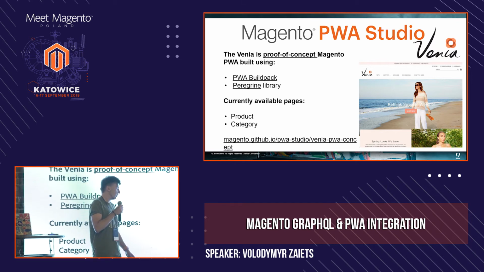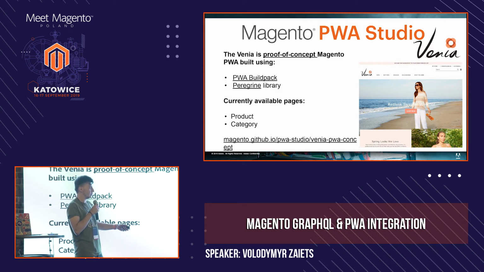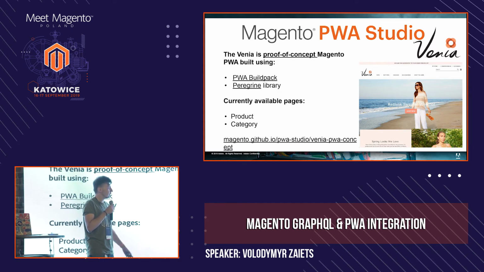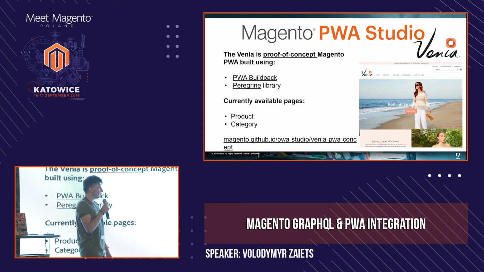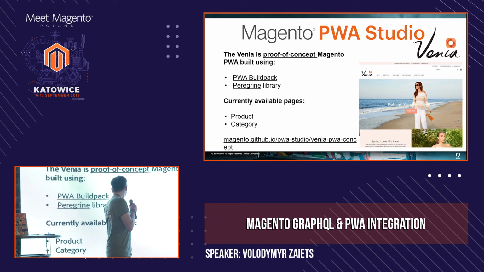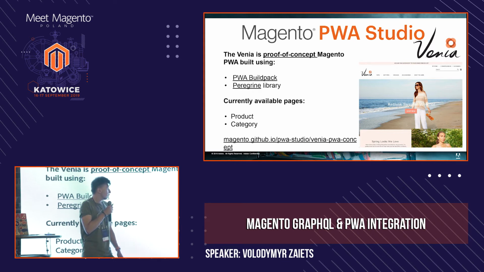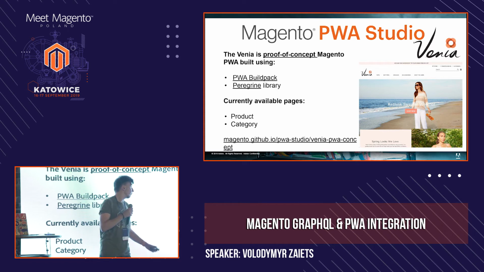And also, of course, you can look at how your theme can look when you use our Peregrine library. Currently, the theme supports the product and category pages, and you can simply install and try it, play with it as well.